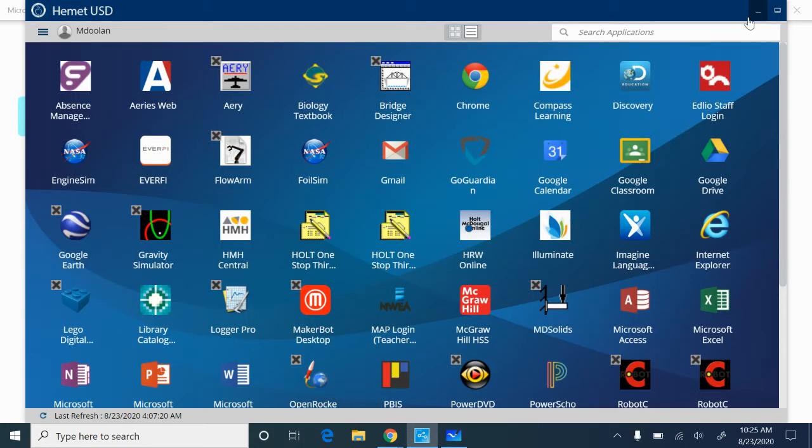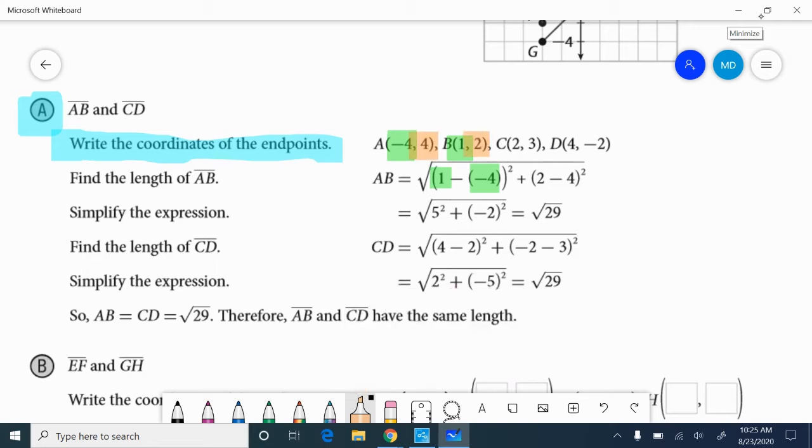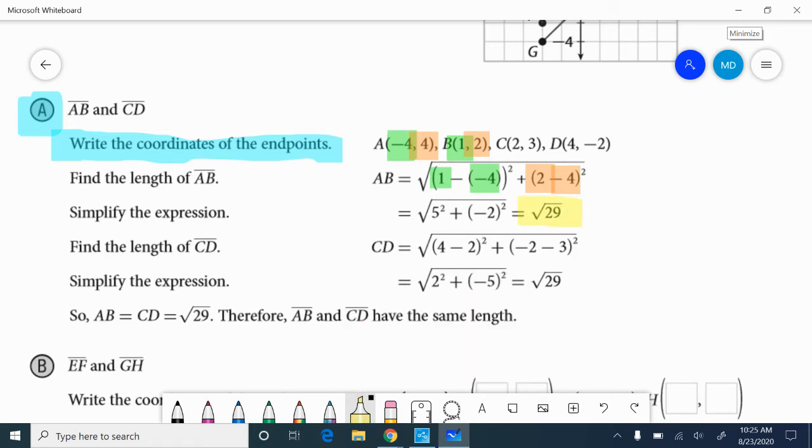And we're going to subtract our y values, which are 4 and 2, 2 minus 4. We're always subtracting them, okay? And as long as you're consistent with how you choose to order them, it can go either way. And as you simplify this, it comes out to be the square root of 29.